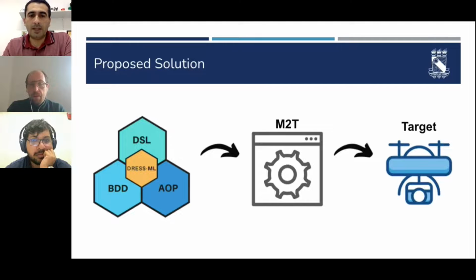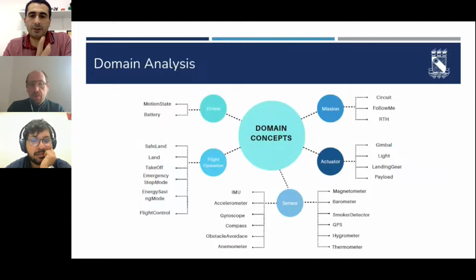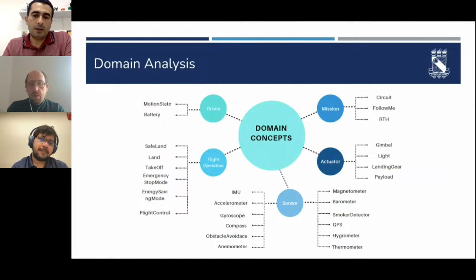In our domain analysis, we analyzed different aspects of the drone: its internal states, aspects related to the flight operation, the mission itself, and others regarding the drone sensors and actuators.